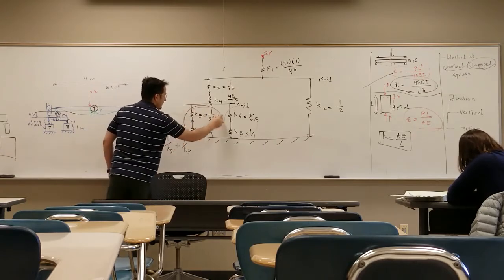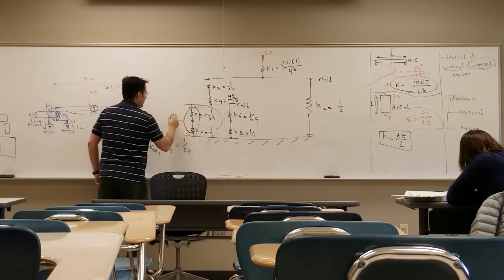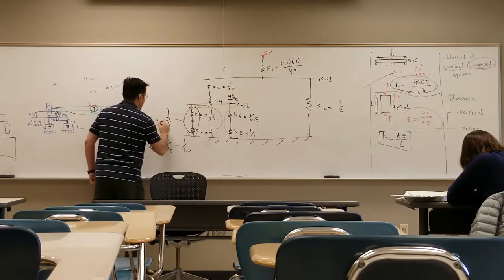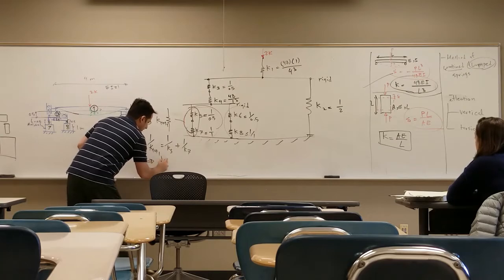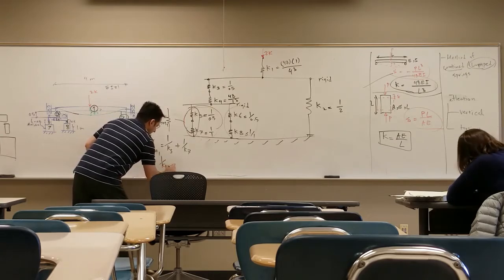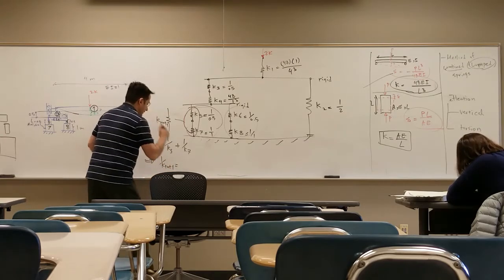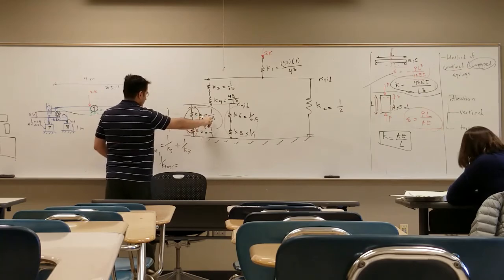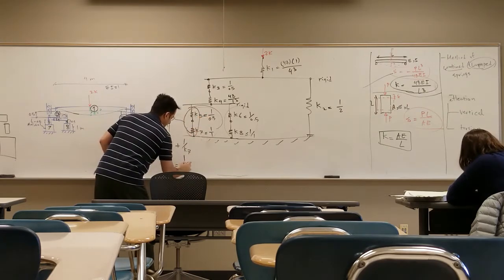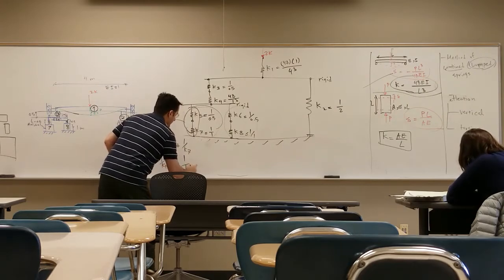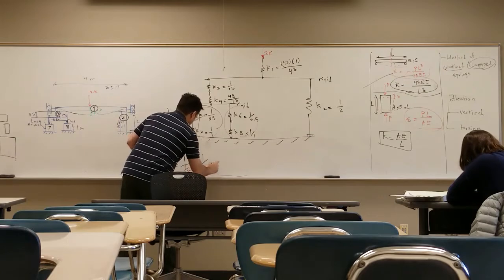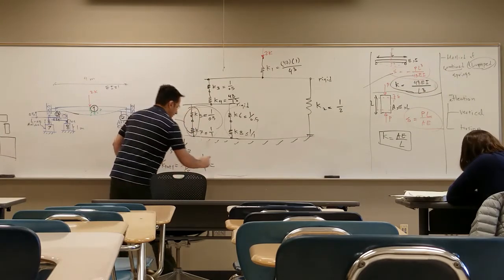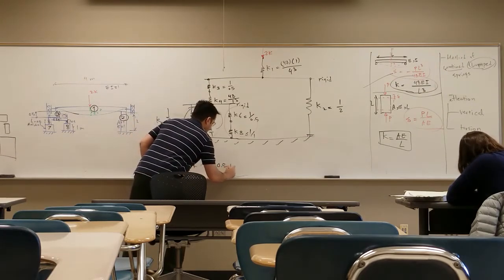Let's say please replace these two guys with a spring K total 1, right? So 1 over K total 1 is equal to 1 over K5, which is 1 over half, plus 1 over K7, which is 1. So you get, this comes to the top, 2 plus 1, so it's 1.5.